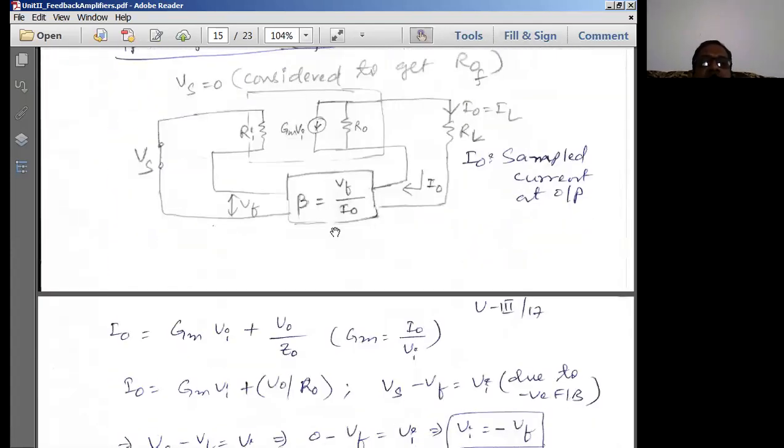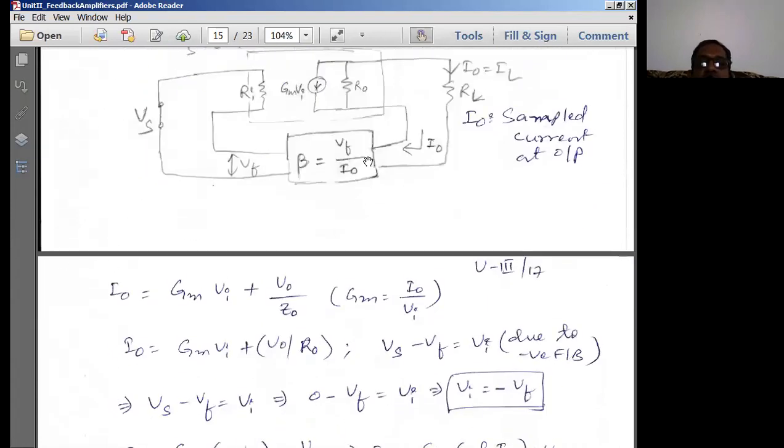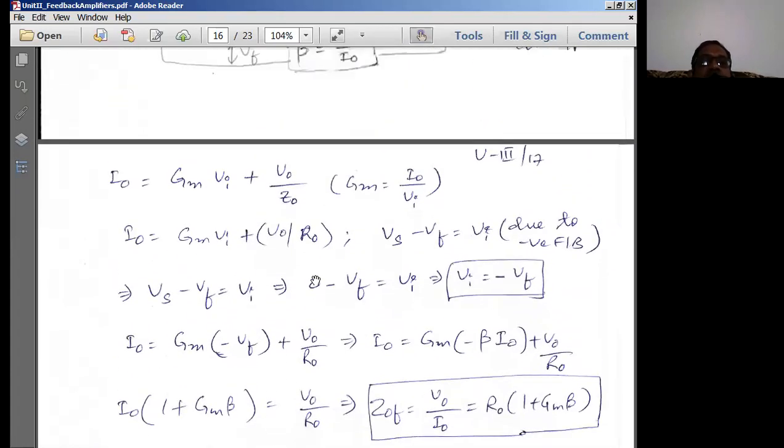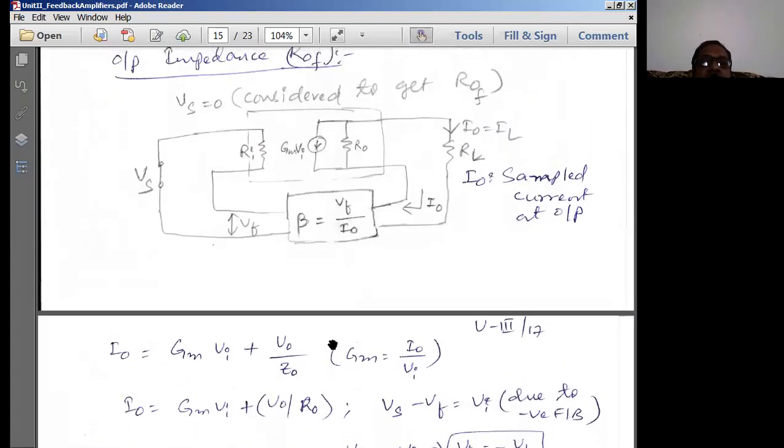Similarly, for output impedance, same formula: the input voltage source may be equal to 0, we connect the output, replace the output voltage source, and we can find all these things. Because the output is going to be a current, I should write in terms of current.